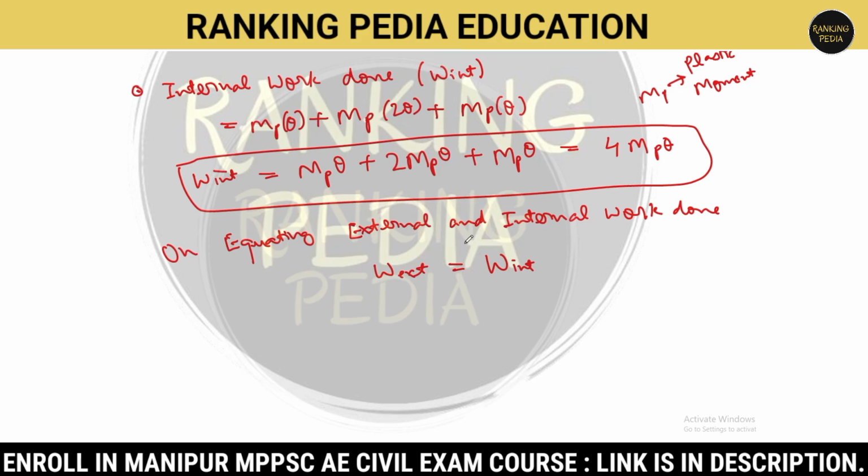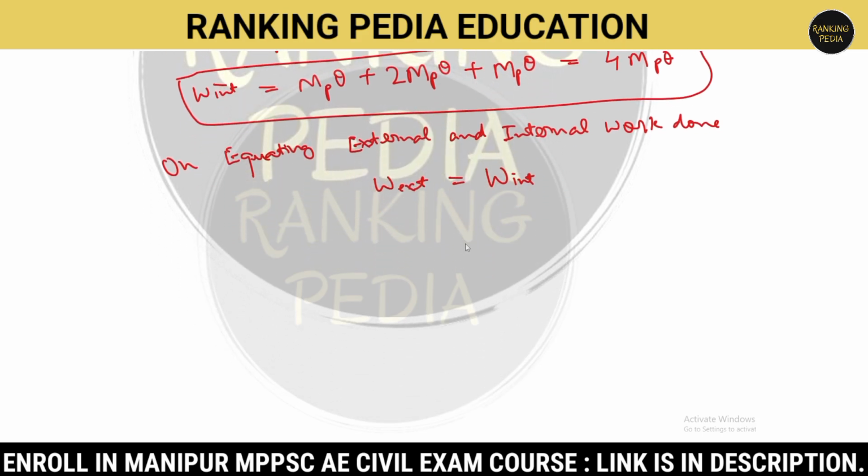W external work done is W into L theta by 2, and your internal work done is 4 times of Mp theta.